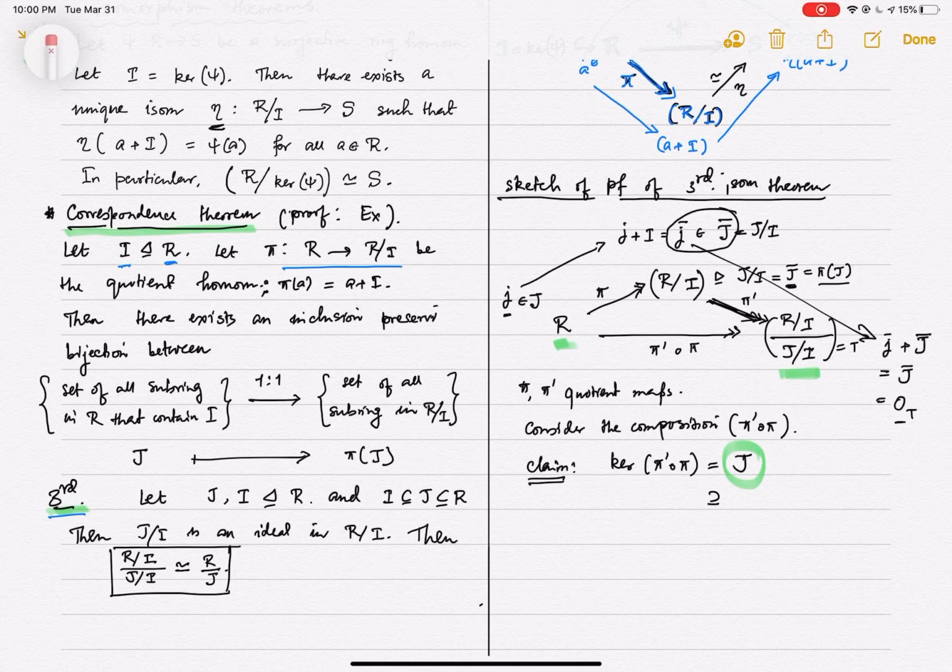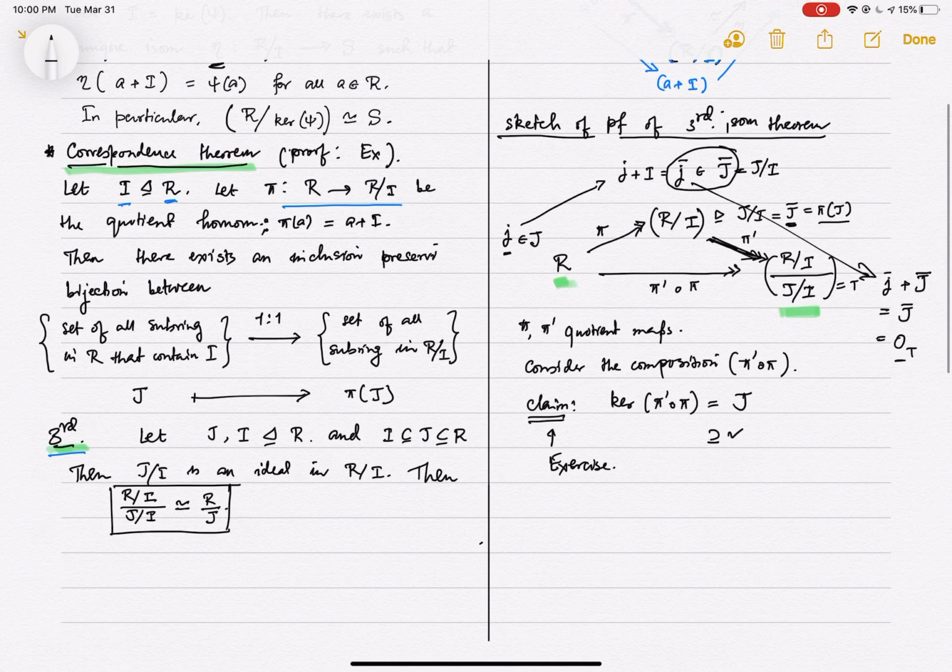And the other inclusion is almost as straightforward. So check the rest. It's much better to do these arguments yourselves than to follow someone else's thinking. So the rest, I'll just say claim: exercise.